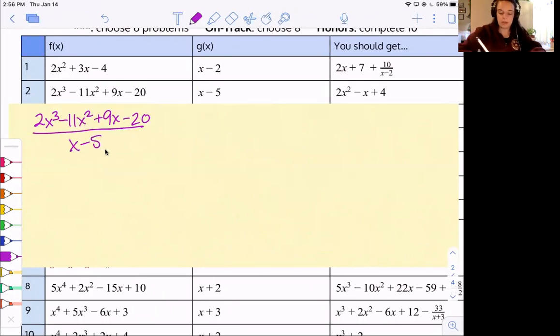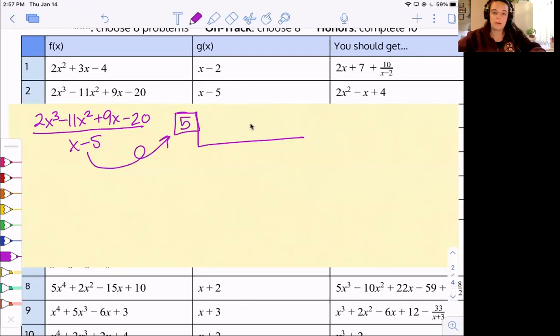I'm going to draw that upside down division. What goes in this box here? +5. Good job, Sebastian. So we're taking this one, we're flipping it. What are my coefficients? We're going to start with 2.